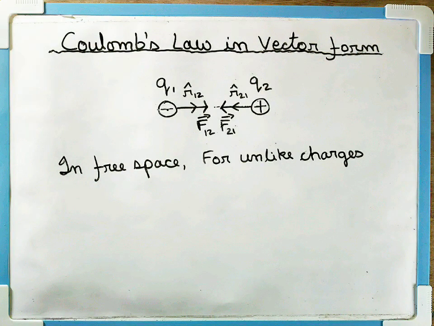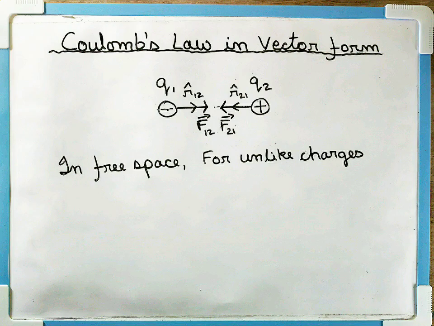Similarly, for the direction of this force F21, the magnitude is the same, which is 1 by 4 pi epsilon naught Q1 Q2 by R square. Now we have to find the direction. Again we look at the diagram. In which direction is the force F21?